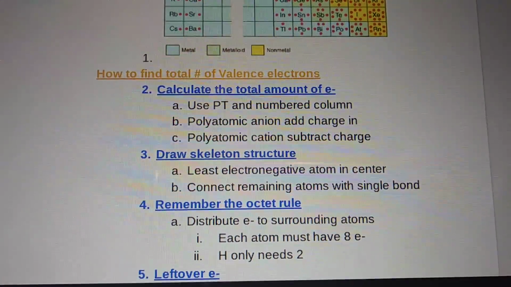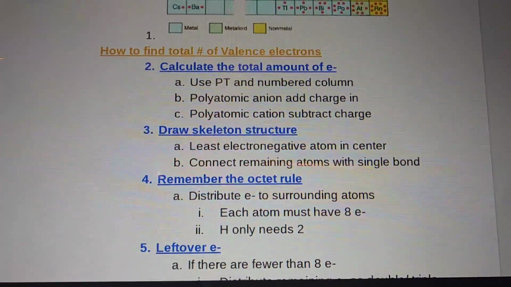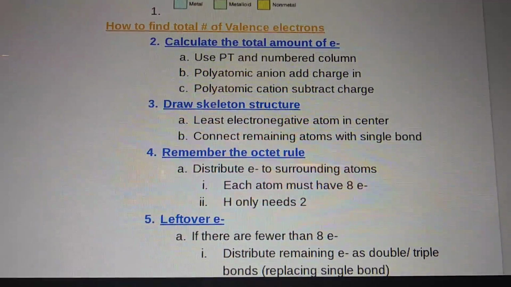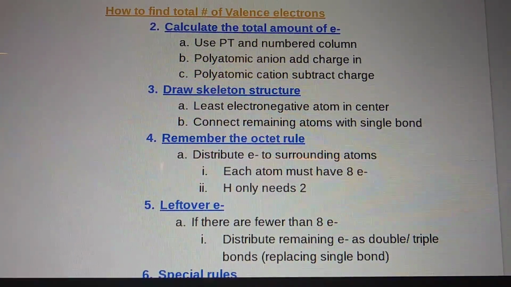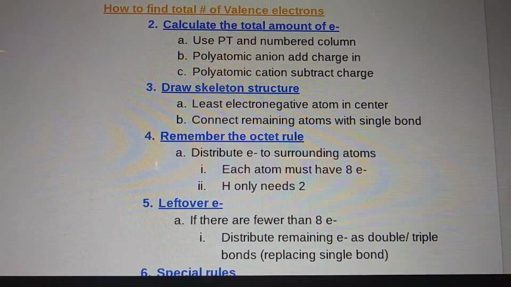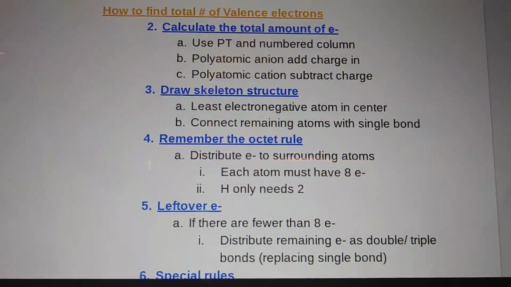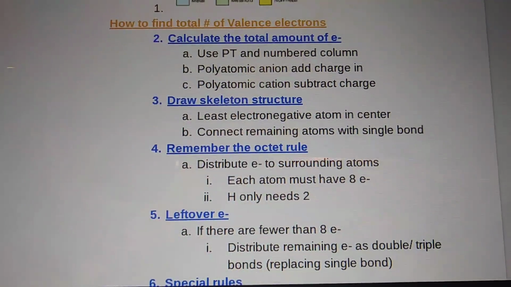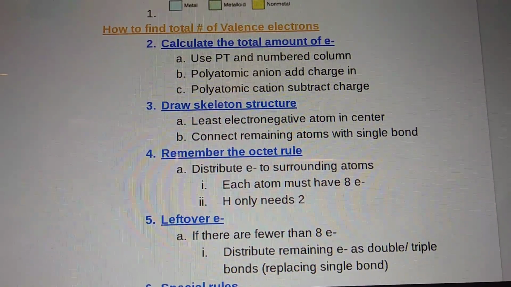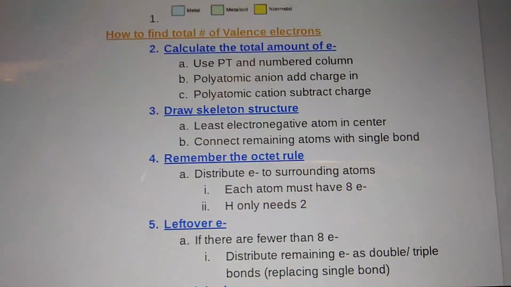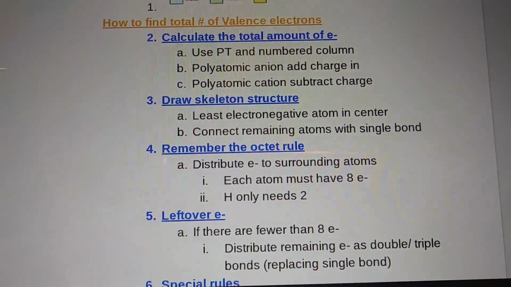So, remembering all that, you must distribute the remaining electrons to the surrounding atoms, keeping in mind the octet rule, which is you have to satisfy the octet rule by placing 8 electrons around each atom, with the exception of hydrogen, which only needs 2.